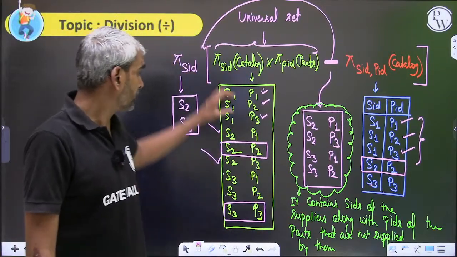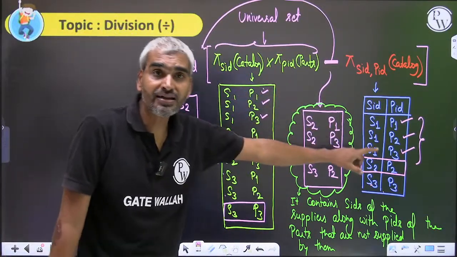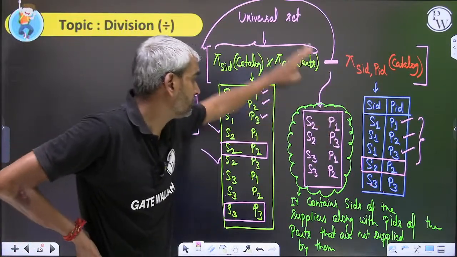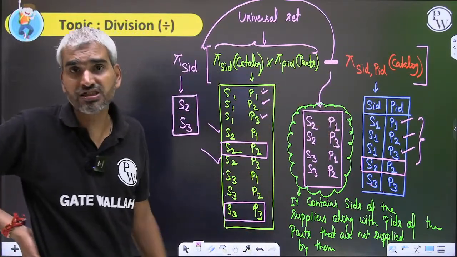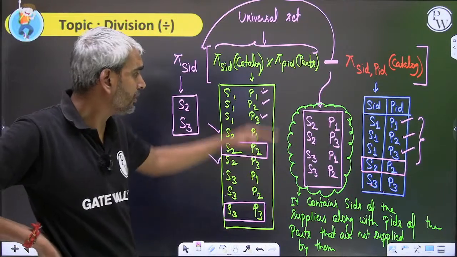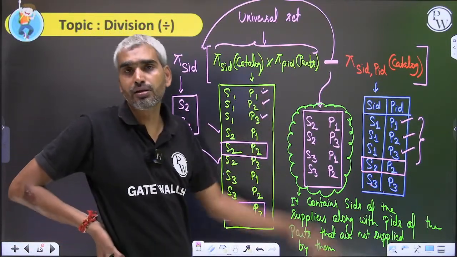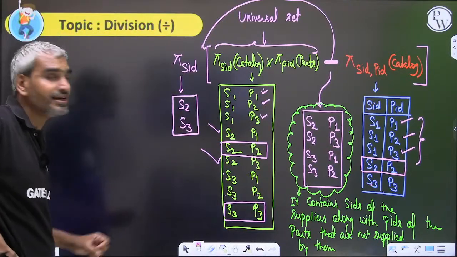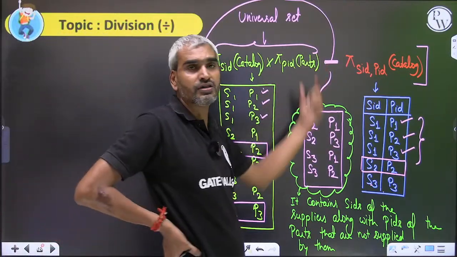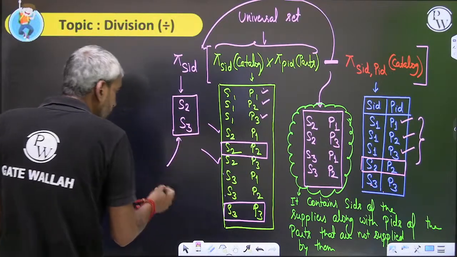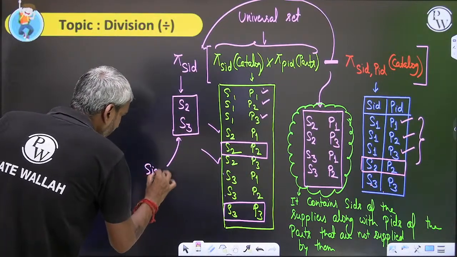If supplier S1 has supplied all the parts, then after this subtraction, the information about S1 will completely vanish, and you will be left only with the suppliers who did not supply all the parts. So if you project the SIDs from the result of this subtraction, you will get the SIDs of the suppliers who did not supply all parts.